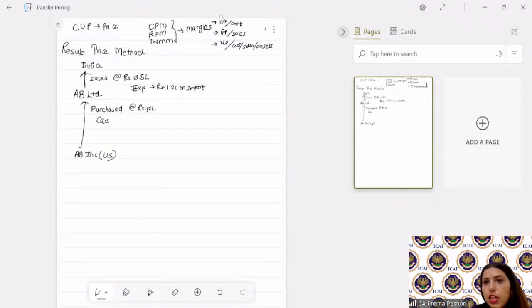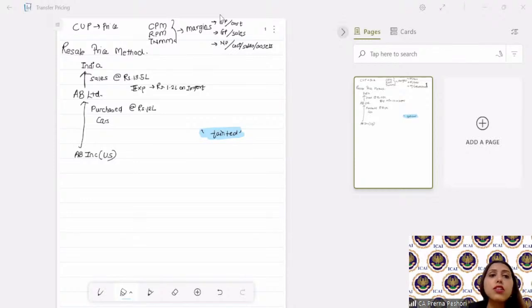Now, if you notice here, which of the transactions is a tainted transaction? Mind this word tainted. What do we mean by the term tainted? Tainted means the controlled transaction, or the transaction which is getting affected because of the relationship of the associated enterprises.